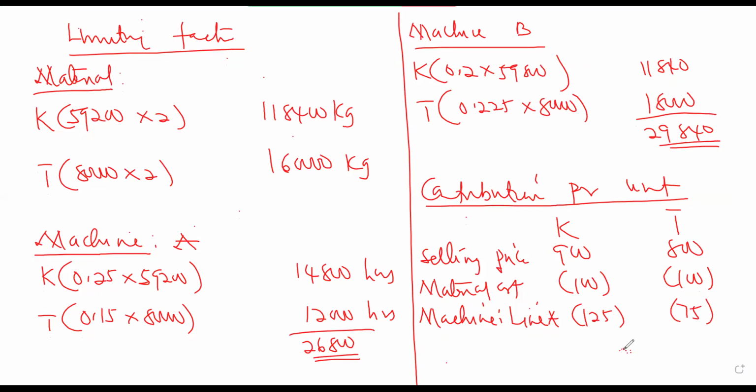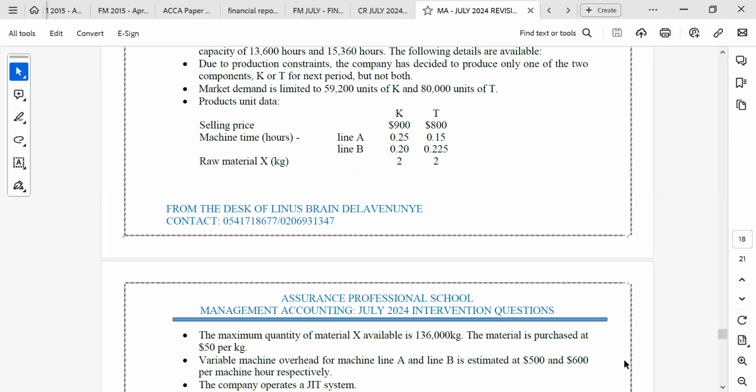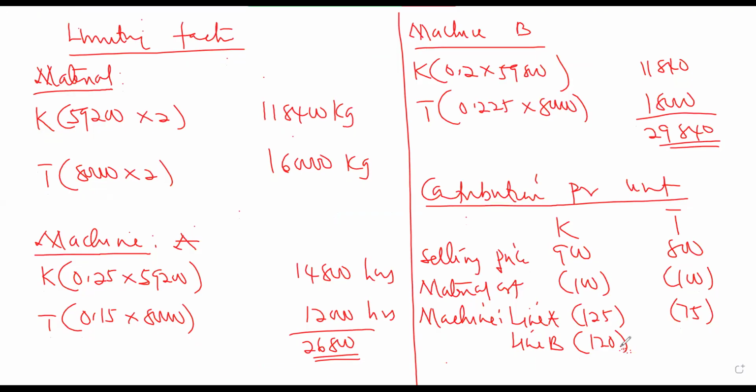So line B is what? 120. So that will be 0.2 multiplied by 600, which is 120. And 135.